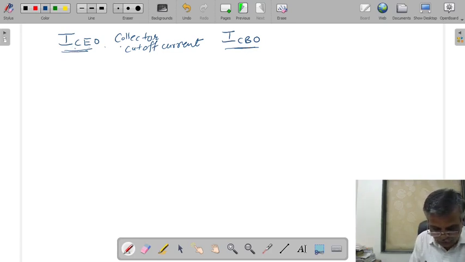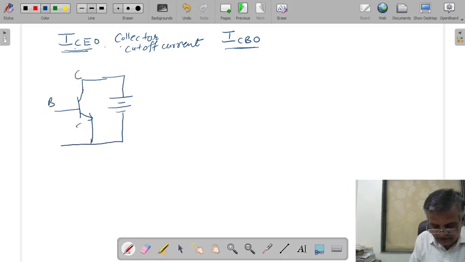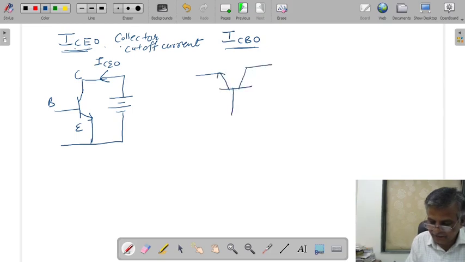Look, for this I am showing you like this. Very simple. This is a base, this is a collector, this is an emitter, and this current is called ICEO. This is emitter, base, collector. This is NPN.